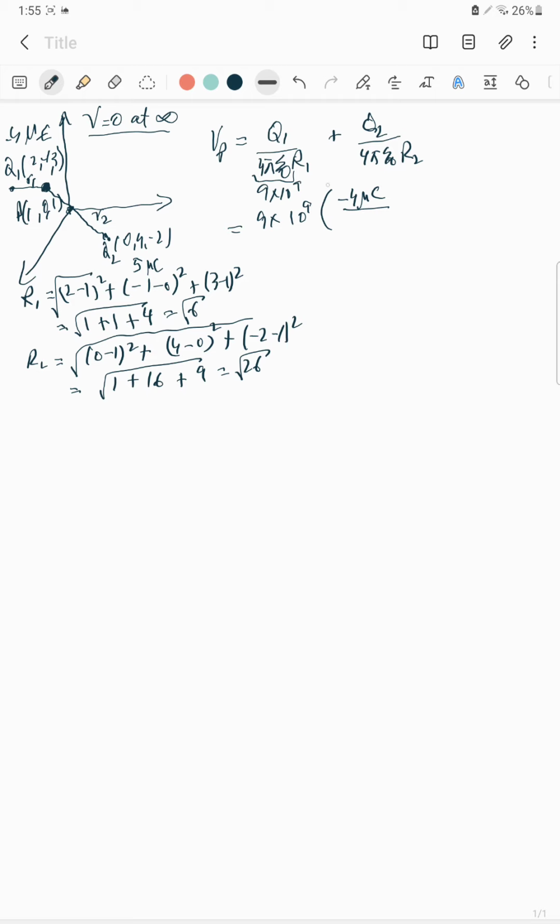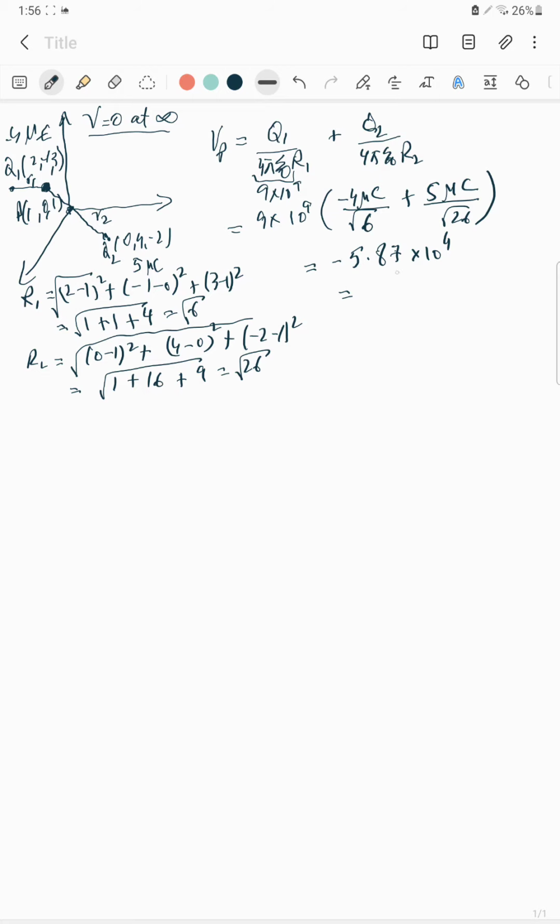So I write minus 4 microcoulomb divided by square root 6 plus 5 microcoulomb divided by square root 26. I do this calculation, and my answer comes out to be minus 5.87 multiplied by 10 raised to power 4.